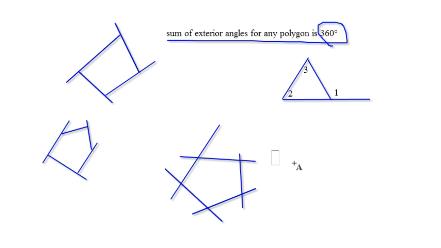Okay, all these angles are the same. So if they're all the same, then all of them need to add up to 360 degrees. So I just go 5x equals 360 degrees. So I just divide by the number of sides. So 360 divided by 5, and it's, just as I suspected, 72 degrees.